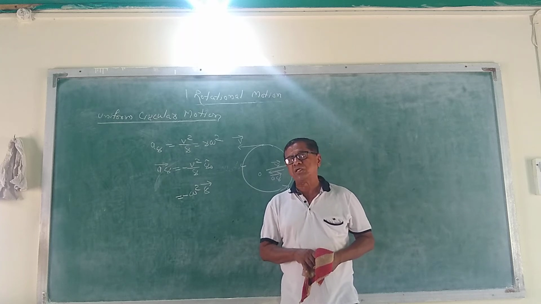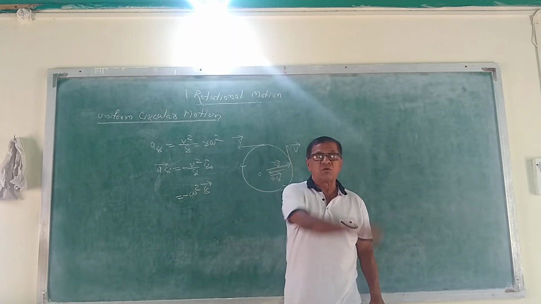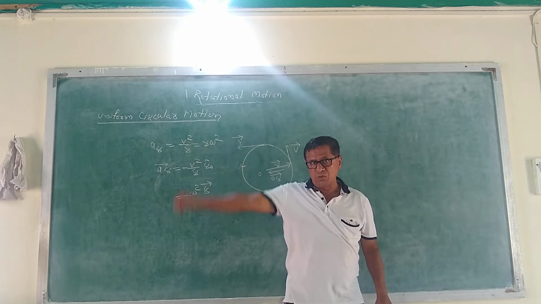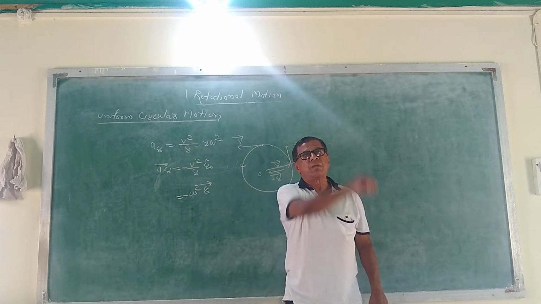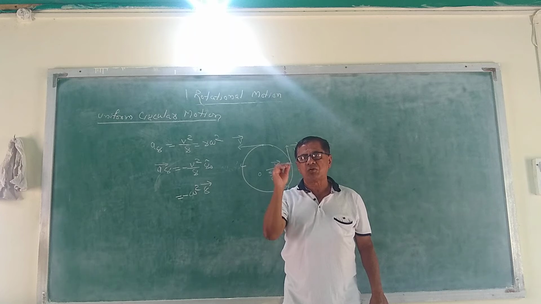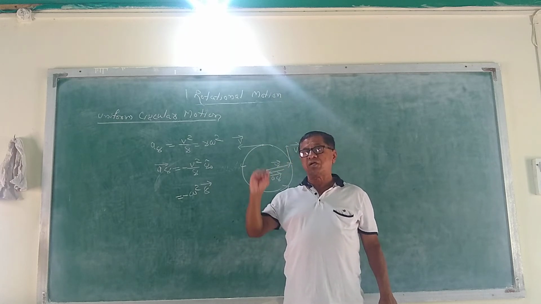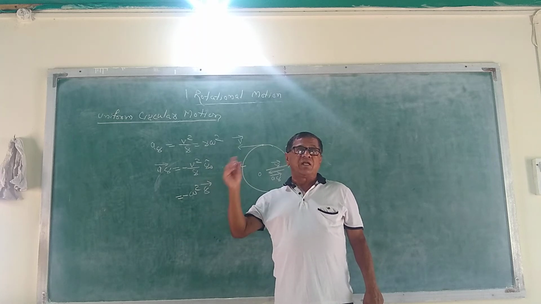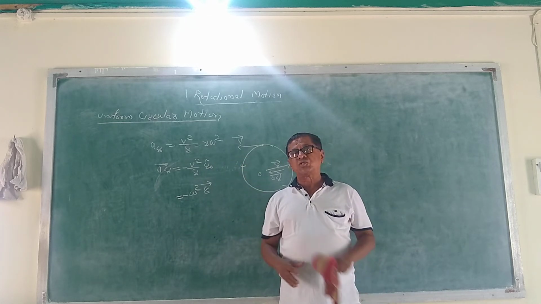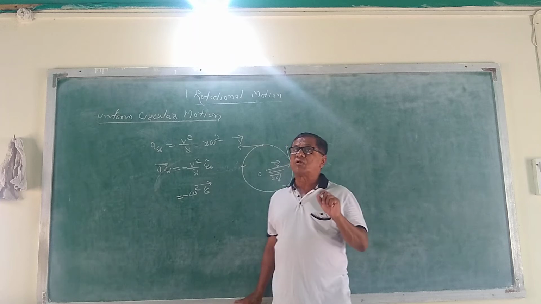Suppose a stone is tied to a string. If the string is revolved in the vertical plane, that is called non-uniform circular motion, which we are going to consider in this chapter. The vertical circular motion is non-uniform circular motion.